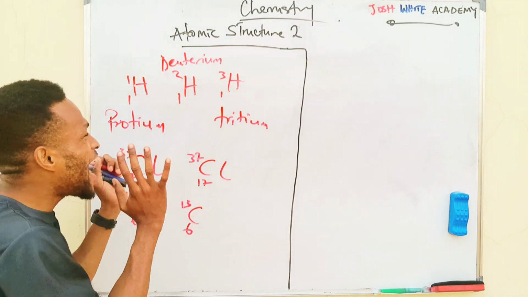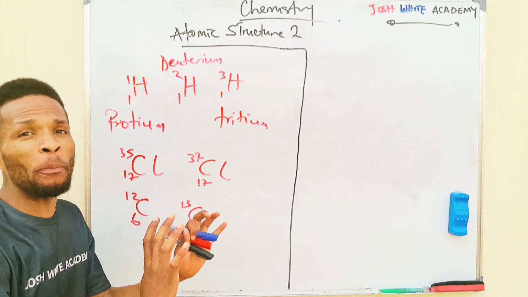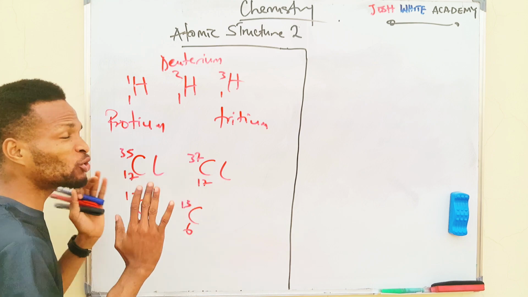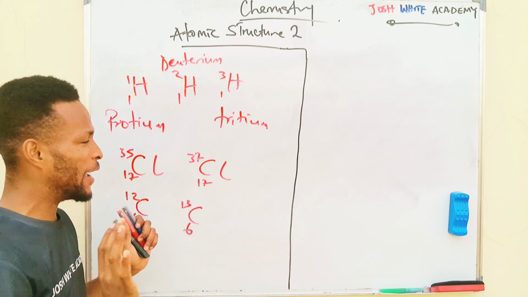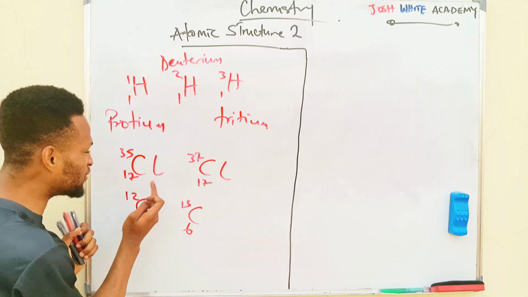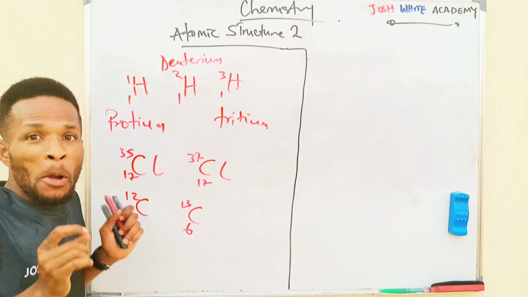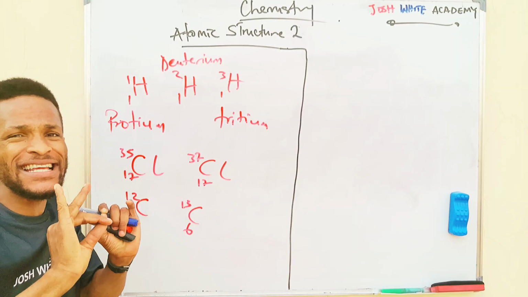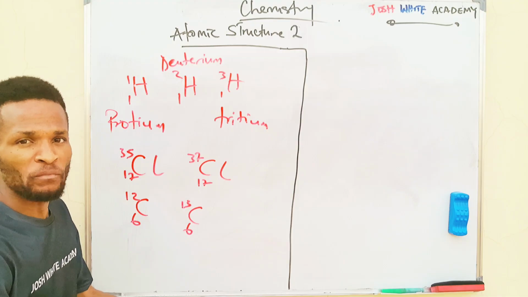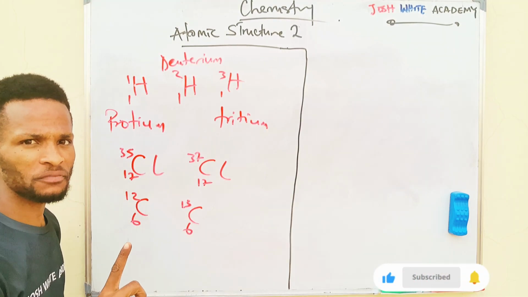Now, in isotopes, their chemical properties are the same. Both of them, their chemical properties are the same because their electron number is the same: 17, 17, 6, 6, 1, 1, 1. But they have slightly different physical properties due to their difference in neutron number.